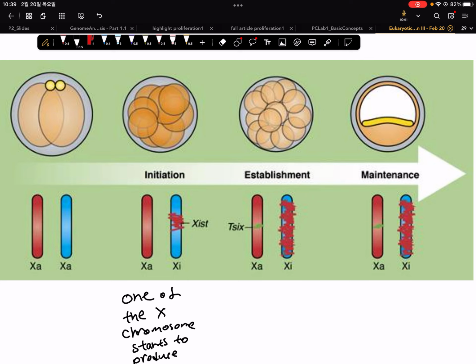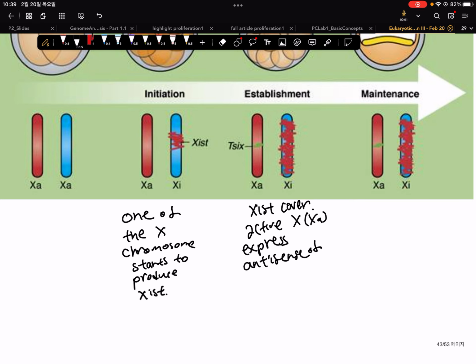When it starts, Xist will cover Xi, the inactive X, while the active X, Xa, will express an antisense to Xist. It will express the opposite version, so Tsix, to protect this chromosome and to keep that chromosome active.